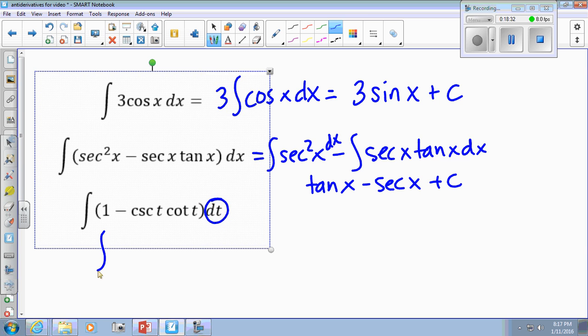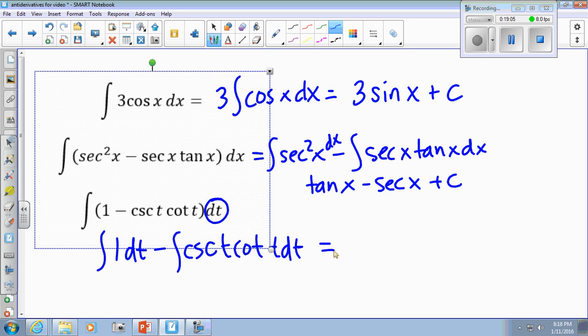Okay, and again, we're going to break this up. So this is the integral of 1 dt minus the integral of cosecant t cotangent t. Okay, so now I'm going to look at my integrals separately and then I'm going to subtract their answers. So since 1 is a constant, remember the rule for a constant was to put your variable back with it.